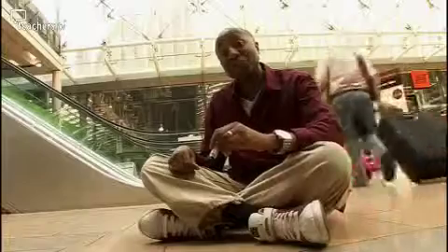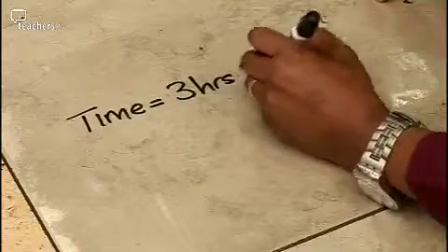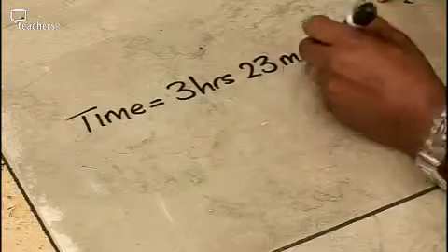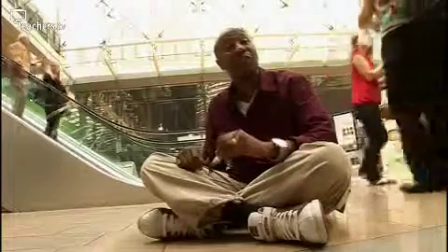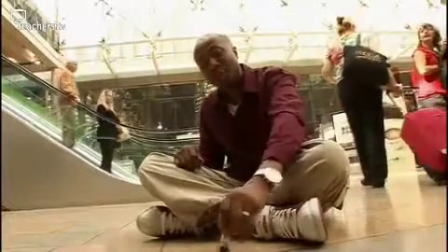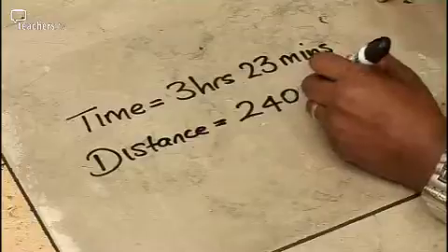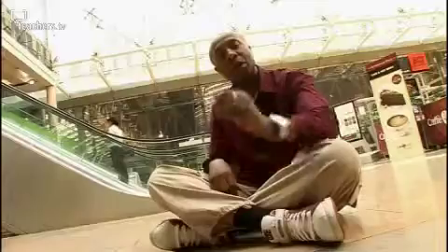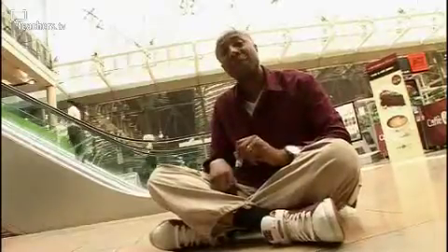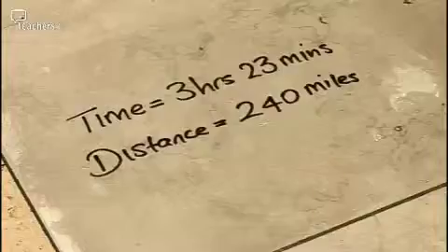If the train journey lasts 3 hours and 23 minutes, and the distance from London to Plymouth is 240 miles, what is the train's average speed for the whole journey?